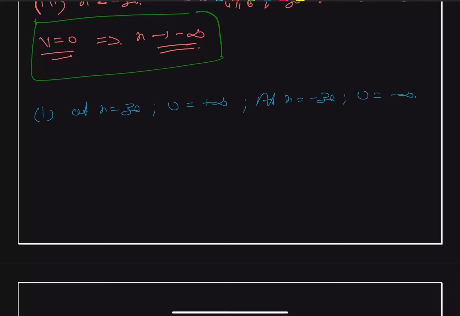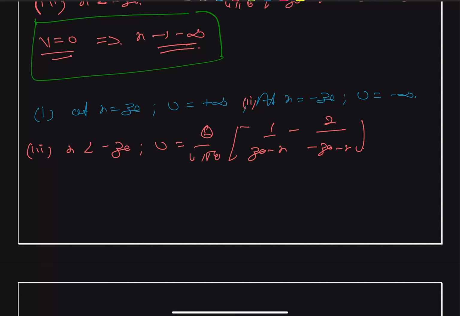This was our second. Third, for x less than minus 3a, we get V equal to Q upon 4 pi epsilon naught times 3a minus x minus 2 upon minus 3a minus x.